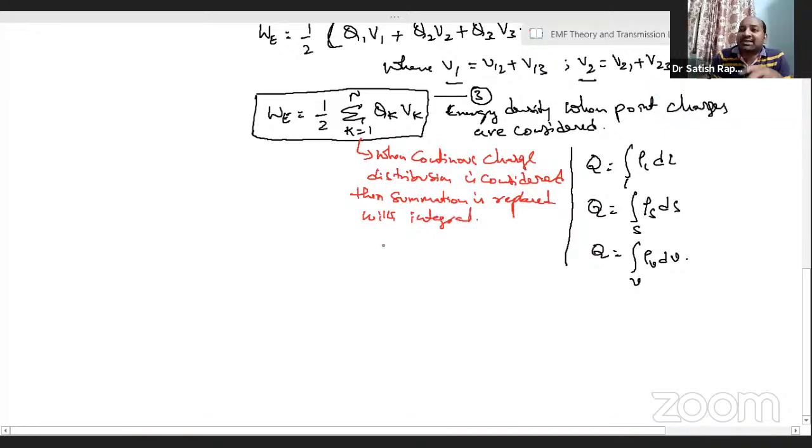Because we know that Q is an integral. If it is point charges, we add up all the point charges, whereas if it is a continuous charge, then we integrate.